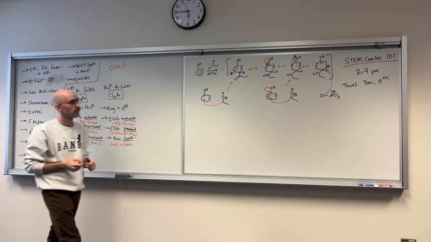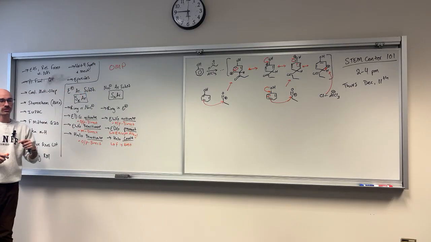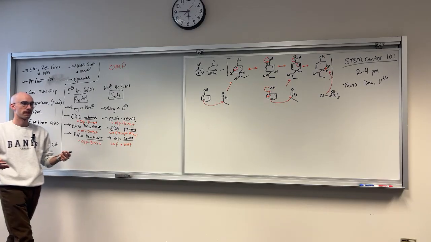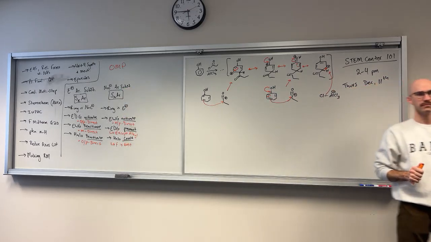Where? Definitely not. Aluminum, actually just like boron, because they're in the same family, aluminum prefers 3 bonds. That's having 4 bonds, that's too many. Okay.